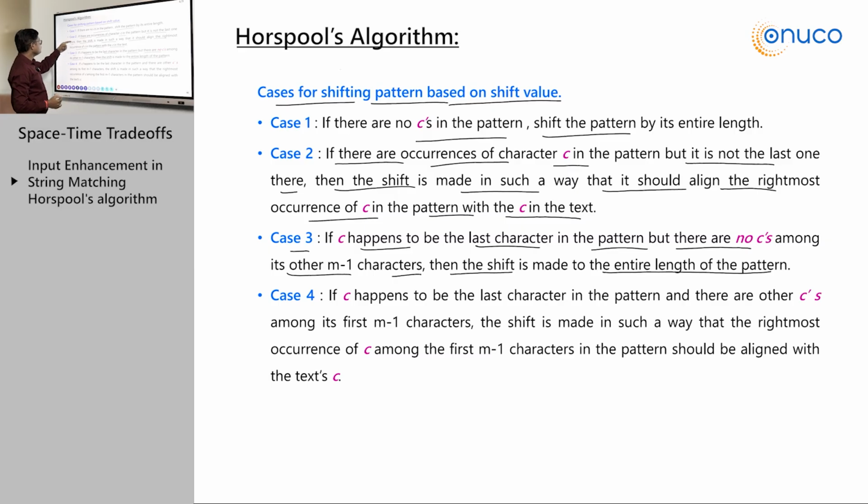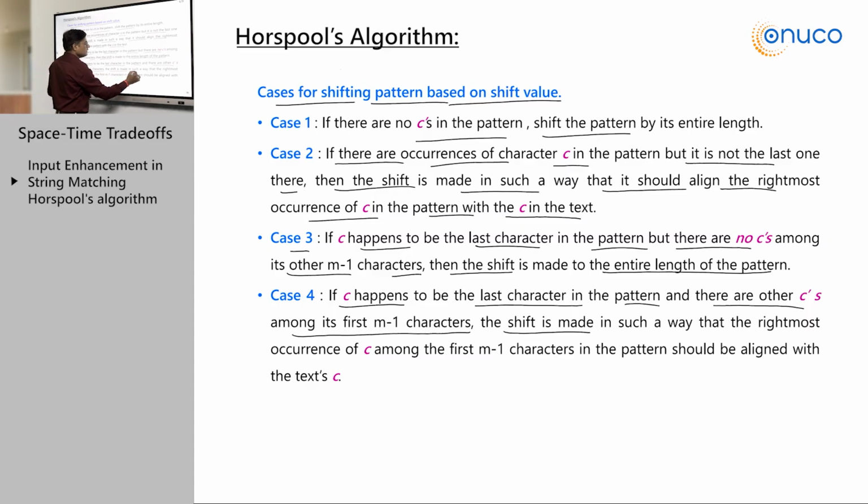Similarly, case 4 is similar to case 2. If the character happens to be the last character in the pattern and there are other such characters among its first m-1 characters, the shift is made in such a way that the rightmost occurrence of the character C among the first m-1 characters in the pattern is aligned with the text C.